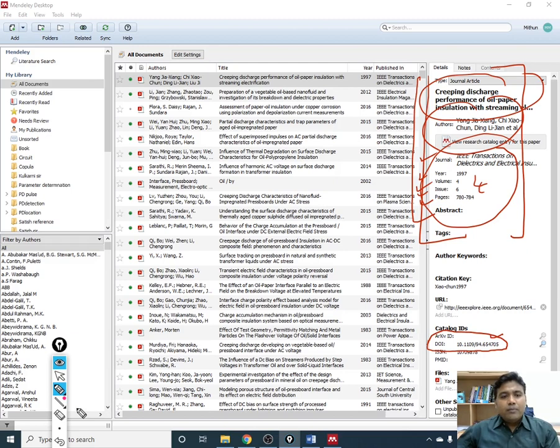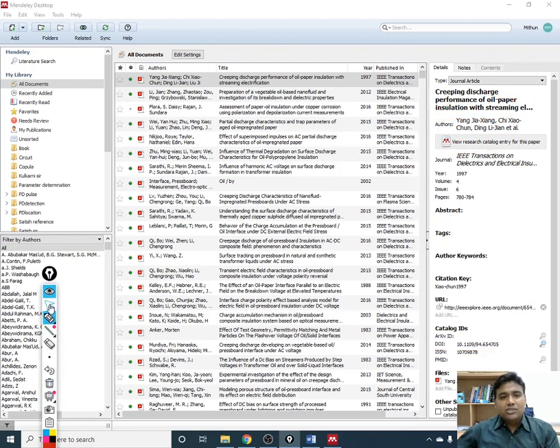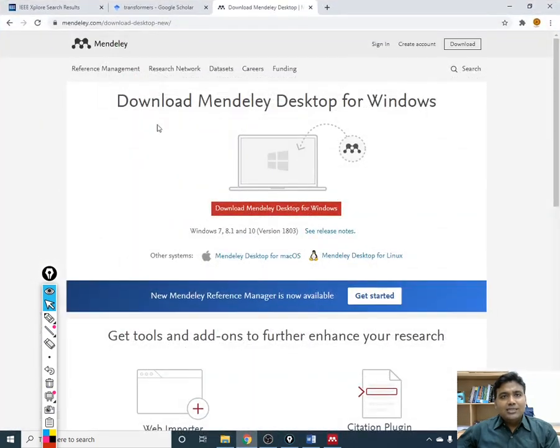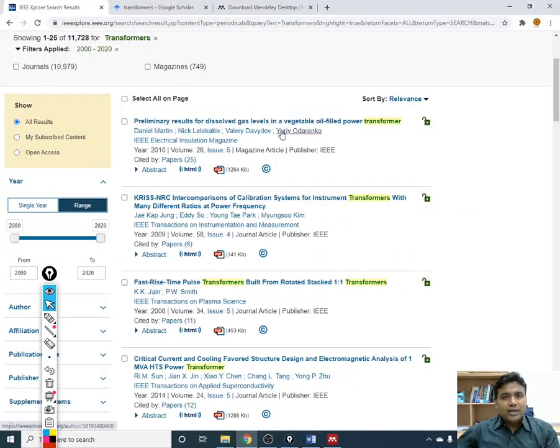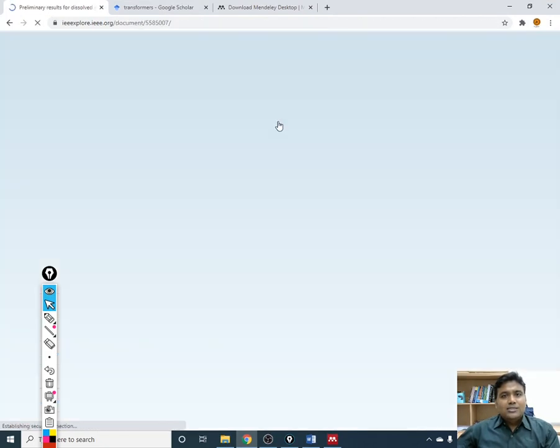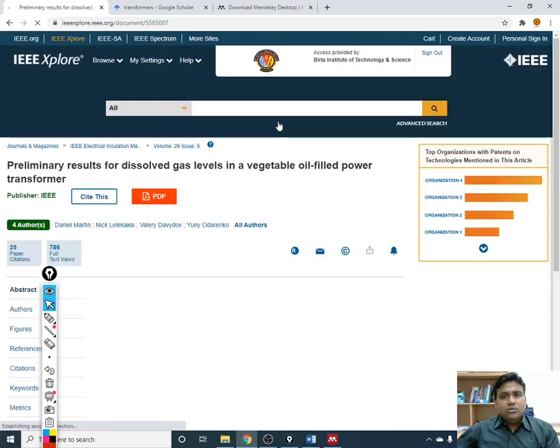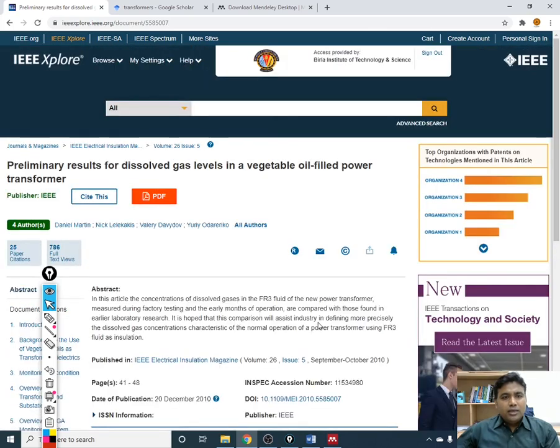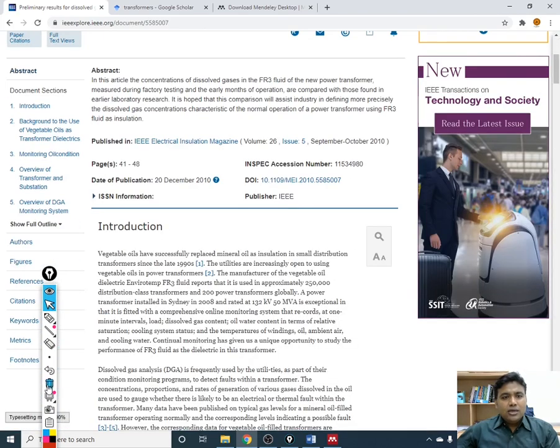Every paper will have a DOI number associated with it, which you can easily get. Suppose I want to get the DOI number of this paper. If you click on this paper and go down, you can see that for every paper there is a DOI number.